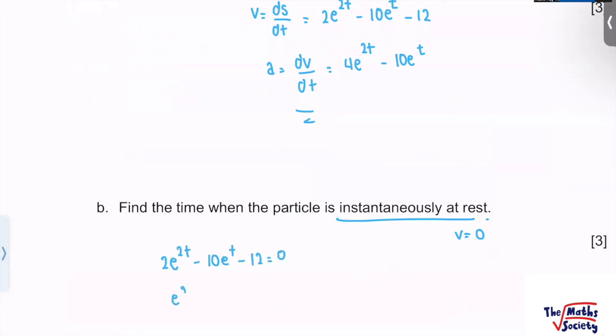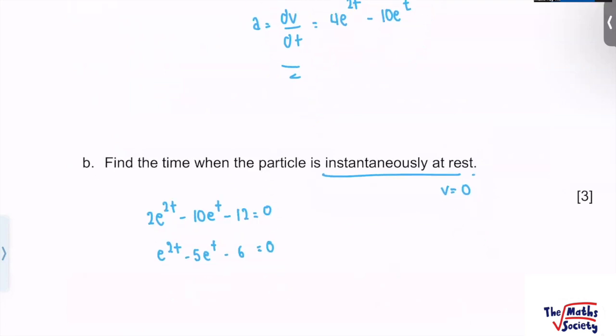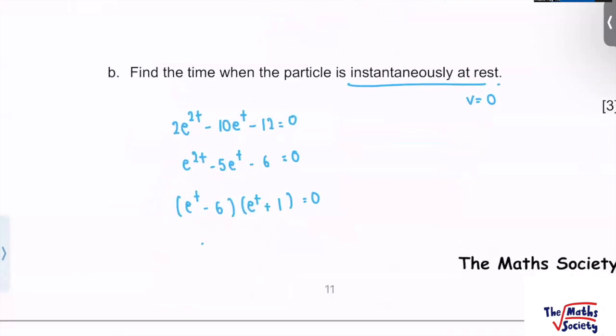So then you have e power 2t minus 5e power t minus 6 equals 0. You can factorise it as (e power t minus 6)(e power t plus 1) equals 0. e power t equals 6, so t equals ln 6. e power t equals minus 1 doesn't exist, so I reject it. So you have t equal to ln 6.